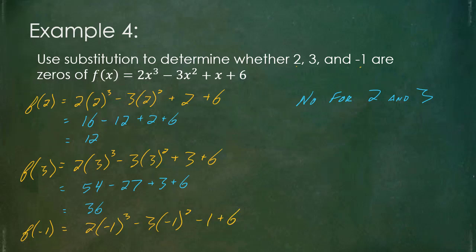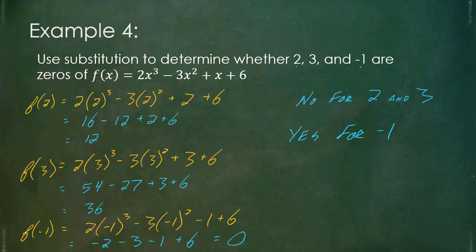Simplifying each of these, negative 1 cubed is negative 1, times 2 is negative 2, negative 1 squared is positive 1 times a negative 3 would be a negative 3, then minus 1, and then plus 6. So let's try this out. Negative 2 minus 3 would be negative 5. Take away one more is negative 6. Negative 6 plus 6 is in fact 0. So this one would be a yes for negative 1.